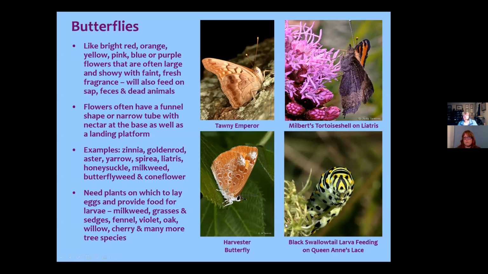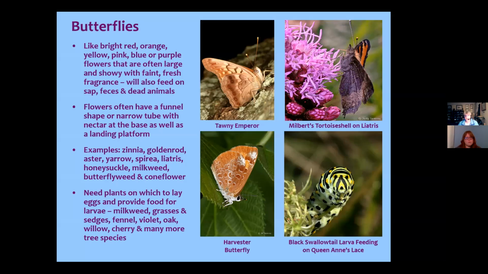Our harvester butterfly is one that also can feed on sap. It's more of a butterfly that you won't see crawling across the top of a flower, but they are sap eaters. So if you're looking for species like this, their food choice tells you this is where I should look for them. You won't necessarily find them on a flower.